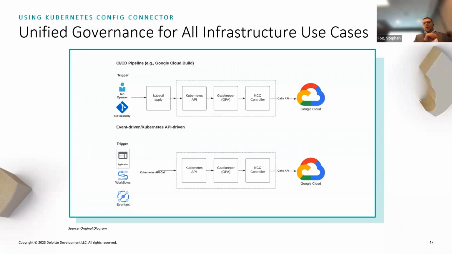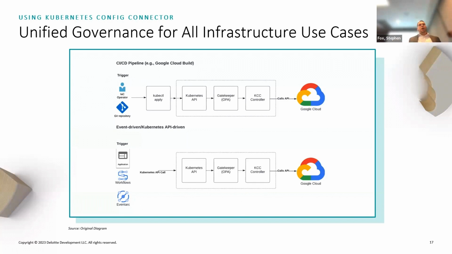So if you are allowing GitOps, which would be kind of like the CI/CD pipeline approach, or you're allowing other tools, I've seen Argo Events and Argo Workflows creating other resources.